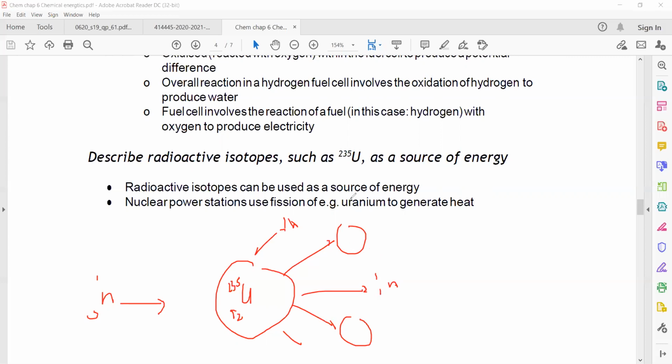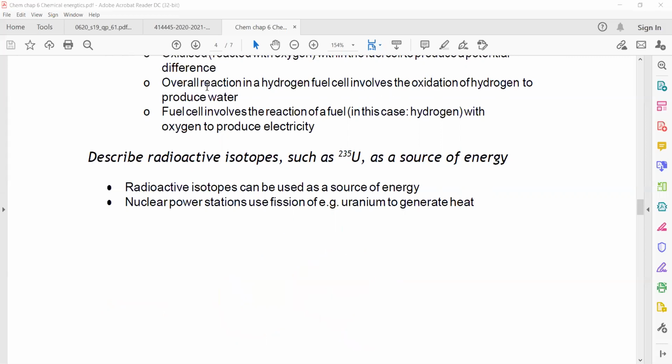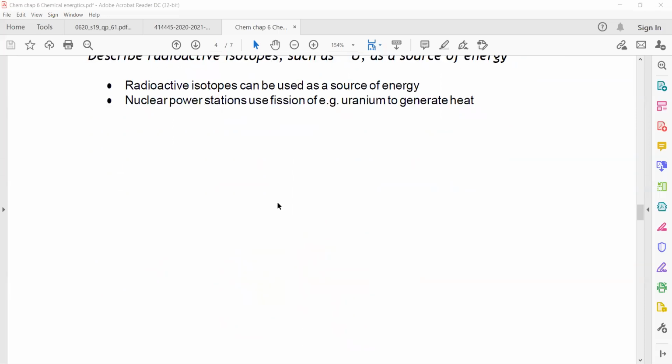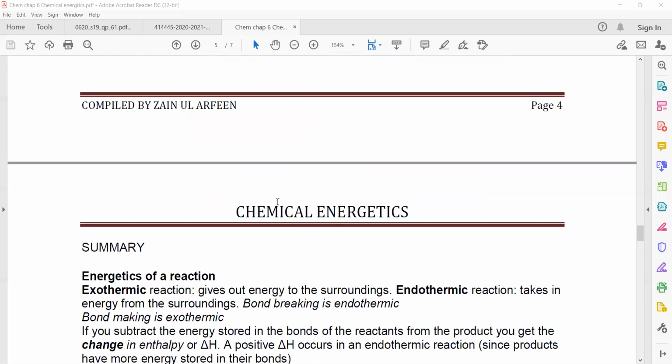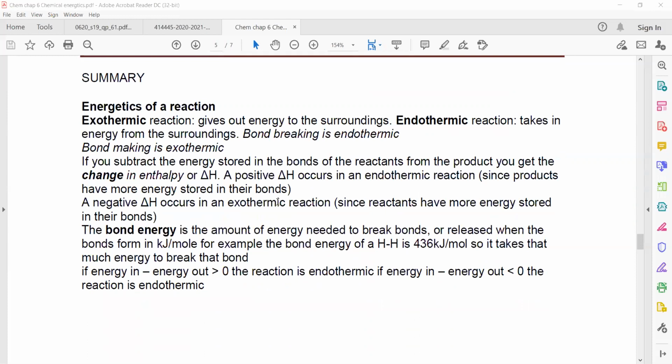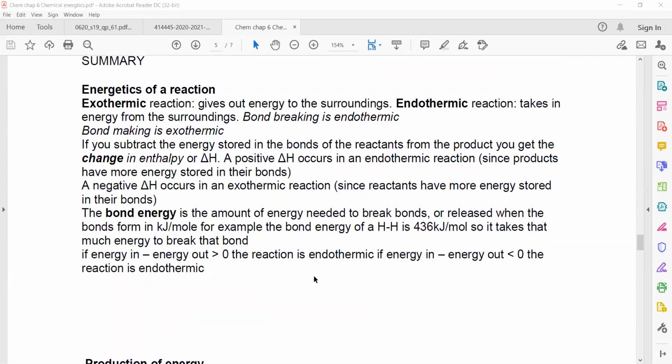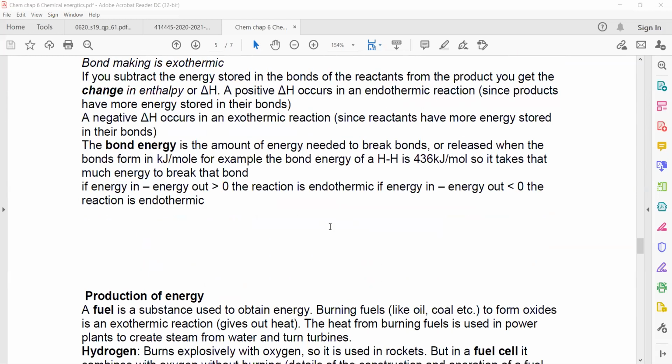So a fission reaction is a chain reaction. It is used in power stations to produce energy. But there's a problem with nuclear power stations: they produce waste which is also radioactive. So there's a problem in disposing of the waste for this type of power station.